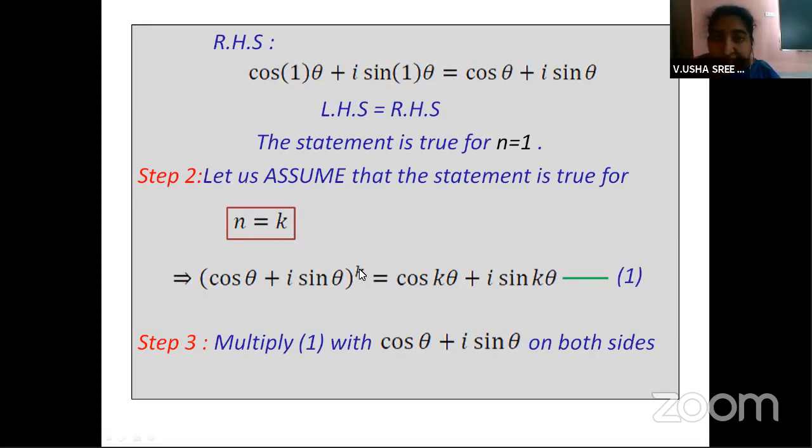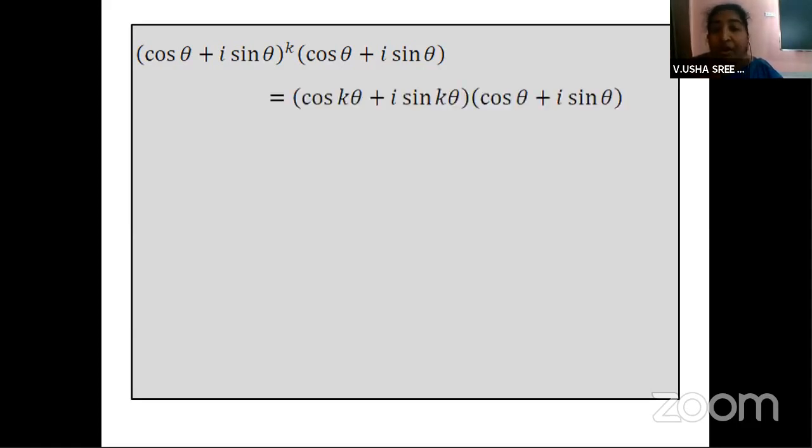As I was mentioning, in step 3, we will try to prove the statement for n is equal to k plus 1. Okay, children? Then we will just multiply the left hand side first. So (cos theta plus i sin theta) whole power k into (cos theta plus i sin theta) is equal to (cos k theta plus i sin k theta) into (cos theta plus i sin theta).